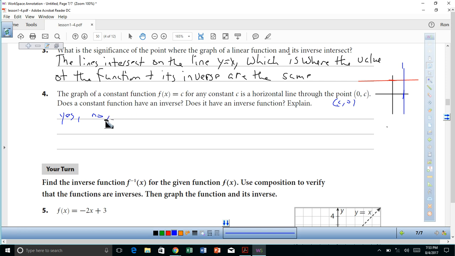Why? And that would be because a constant function assigns every input to the same output.